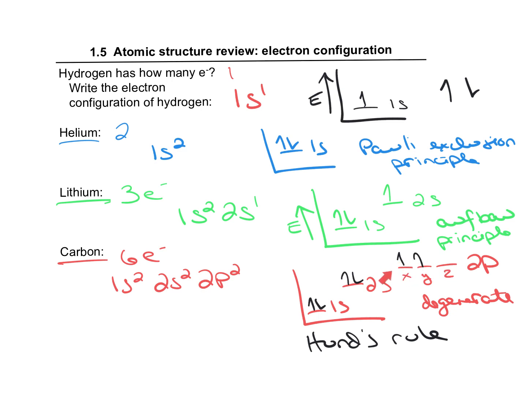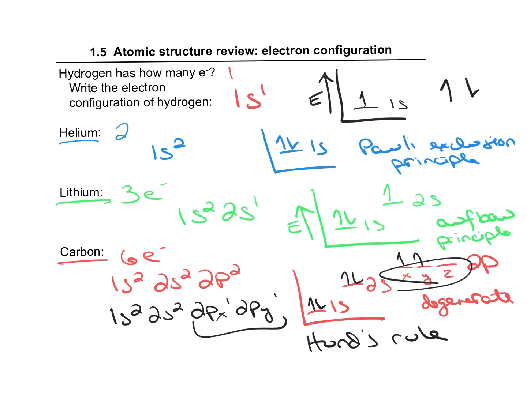Okay, so each orbital will get one before any one orbital gets two. So in other words, we could write this out a little bit more explicitly as 1s2, 2s2, 2px1, 2py1. Now, it doesn't matter whether it's x, y, or z. It's just that there are two of them that have one electron each.